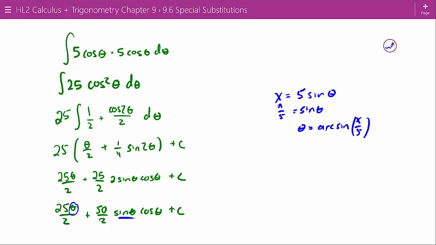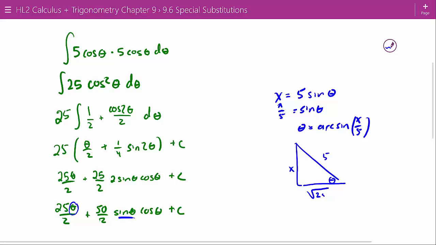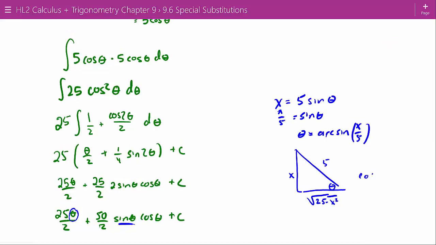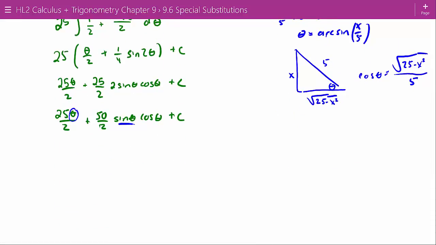And we could use a Pythagorean identity, or we can go think about a right triangle with this. Here's theta. We have sine being x over 5. That means this last side is square root of 25 minus x squared. You know, that thing that we substituted into. So cosine theta is root 25 minus x squared over 5. And now we have all the missing pieces.